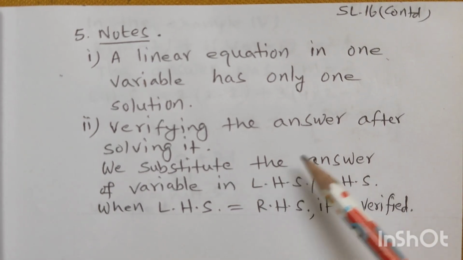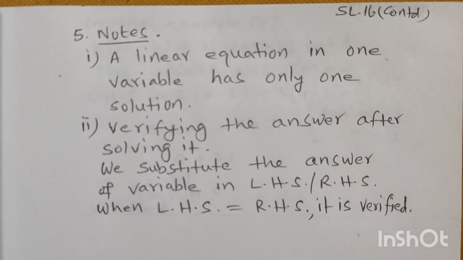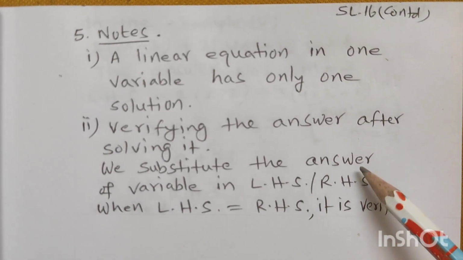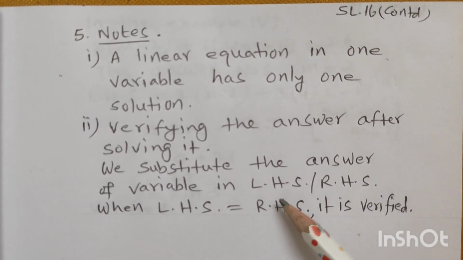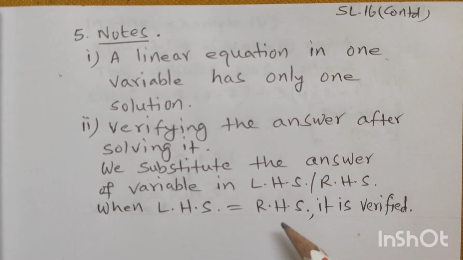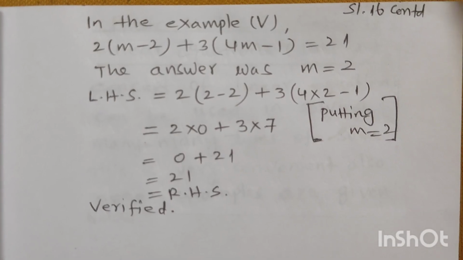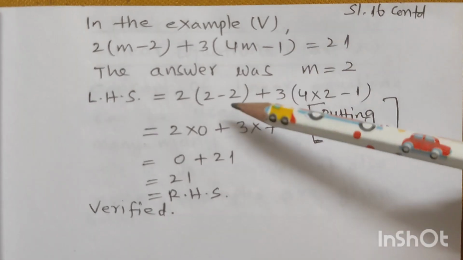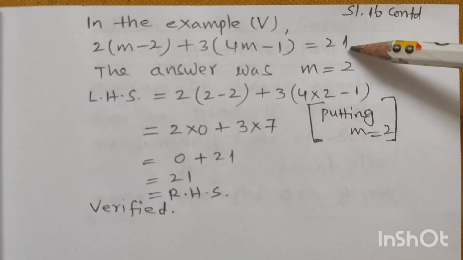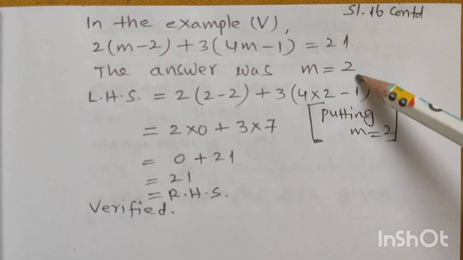Now verifying the answer after solving it. What we do is we substitute the answer of the variable in the left hand side or right hand side. When left hand side equals right hand side, it is verified. In example 5 shown earlier, this was the sum and we had got the answer m equals 2.